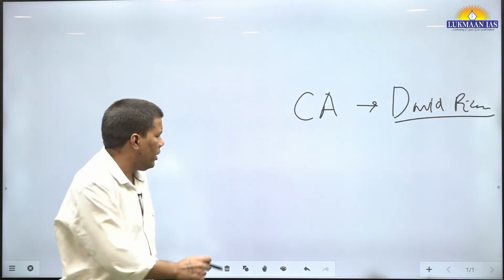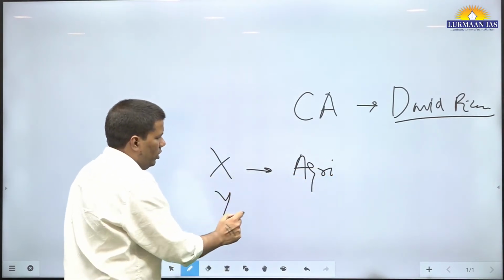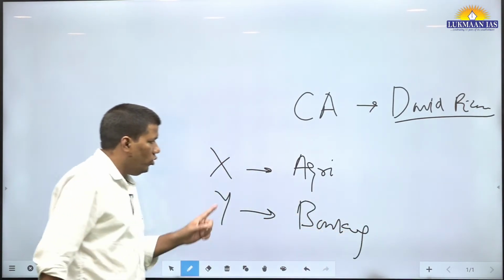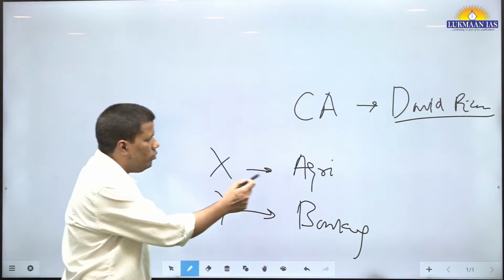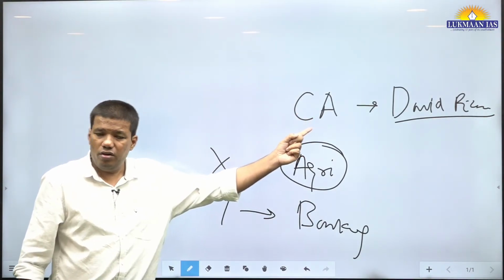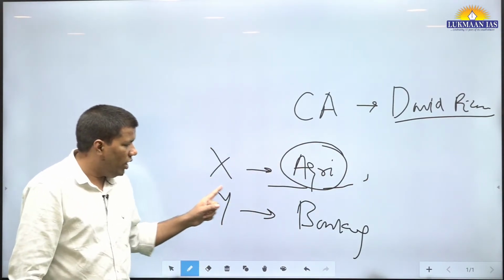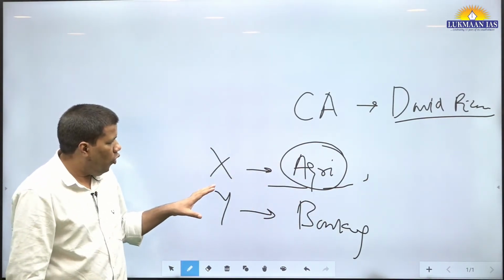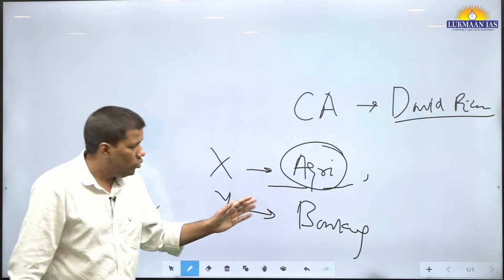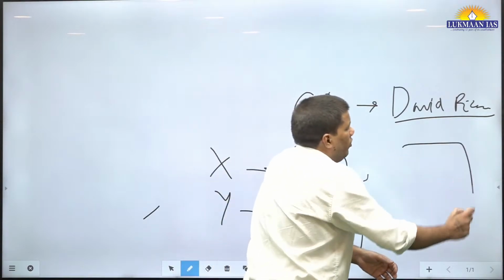Let's say there is person X. Person X is good in agriculture. And person Y is good in, let's say, banking. This means X has a comparative advantage, is more efficient in this. So X must invest most of his time in agriculture, and Y will invest most of his time in banking. Although Y will also need some agriculture products, and X will also need some banking products. So when both of them work in their efficiencies, the total output would be more.